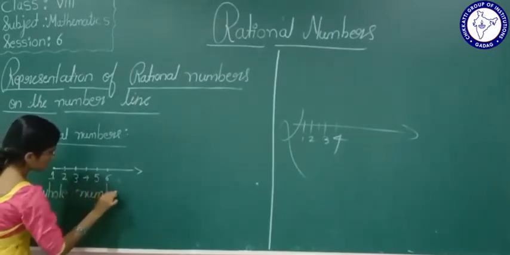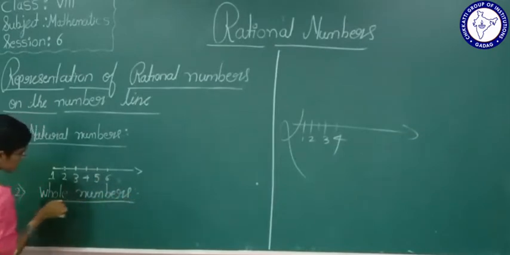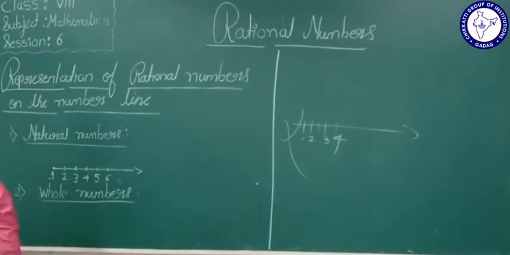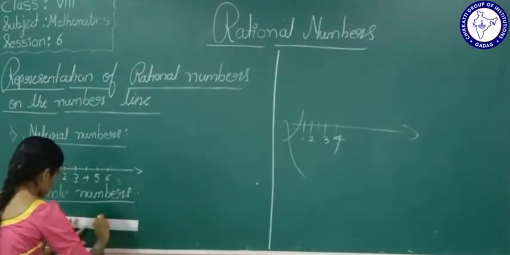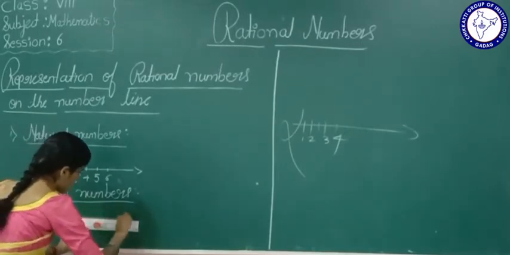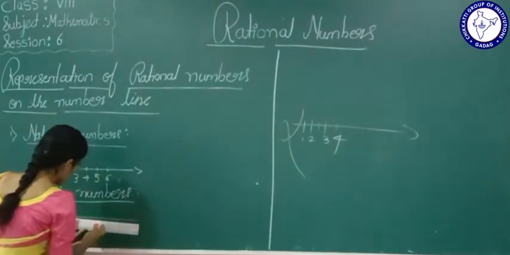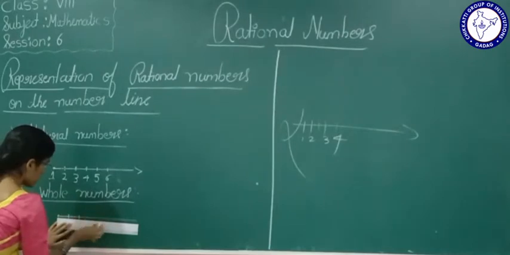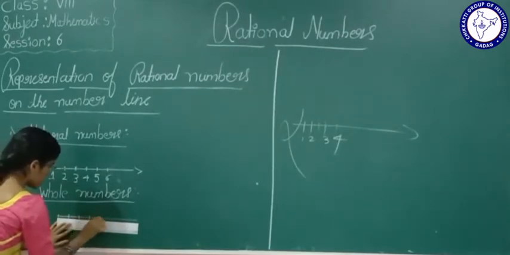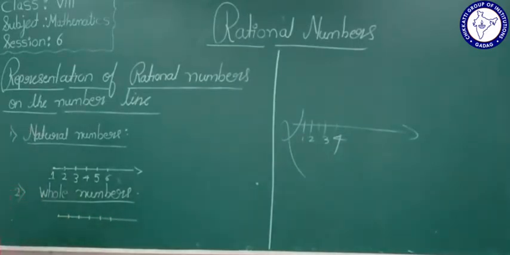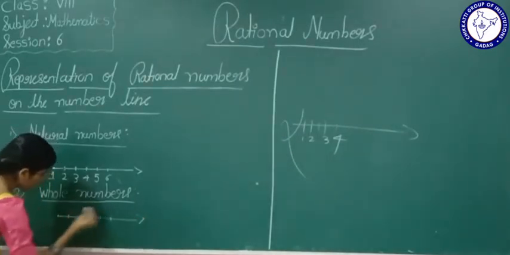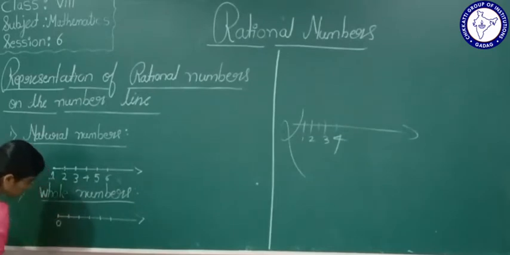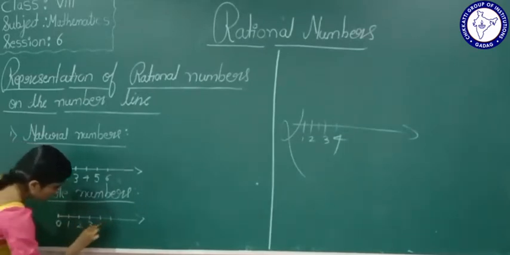Whole numbers. You know that whole numbers will start from 0. Now we will see the number line for this. First step is we have to draw a line. Yes. And we are going to mark the points. Now see here, whole numbers will start from 0, 1, 2, 3, 4, 5.